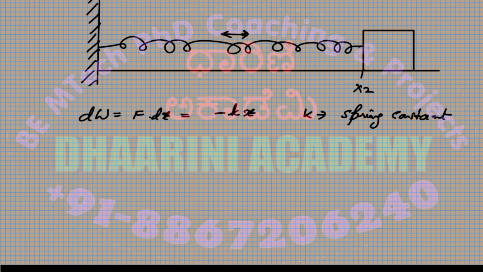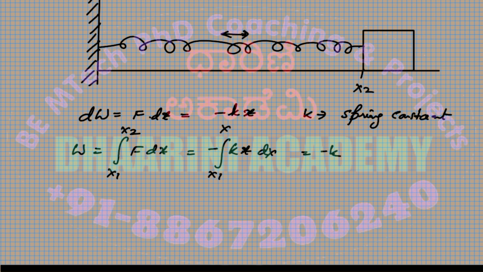It depends on the spring. Now, therefore, W is equal to the integral from x1 to x2. Initially it was at x1, it will move to x2, of f into dx. But f into dx is nothing but, from x1 to x2, I'll write a minus outside, k into x into dx.